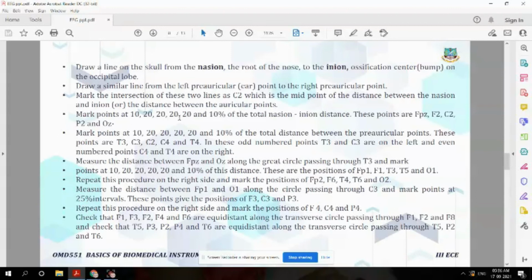Again, next step, now we measure the distance between FP1 and O1.